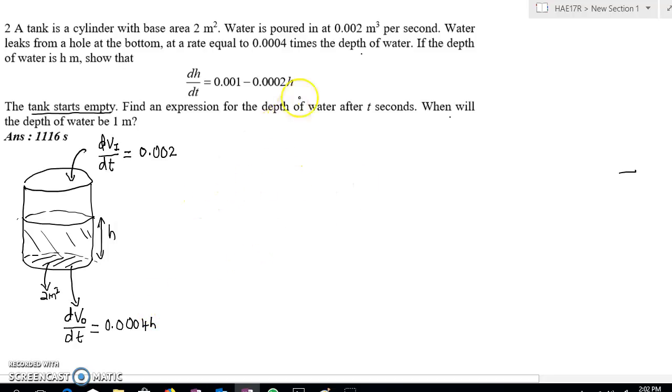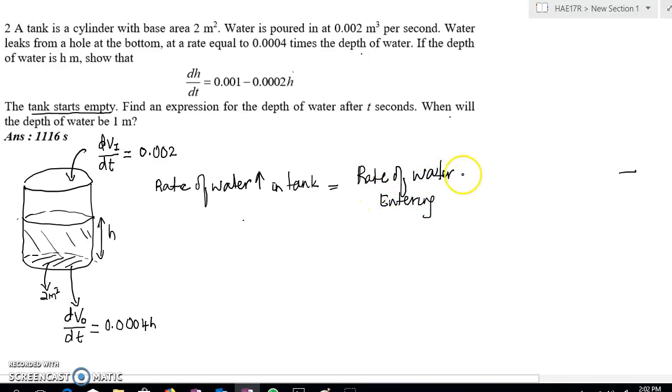Alright. Then the next thing we want to do is show that the differential equation looks like this. So to start off, what's important is the rate of water increasing in the tank is equal to the rate of water entering minus the rate of water leaking.